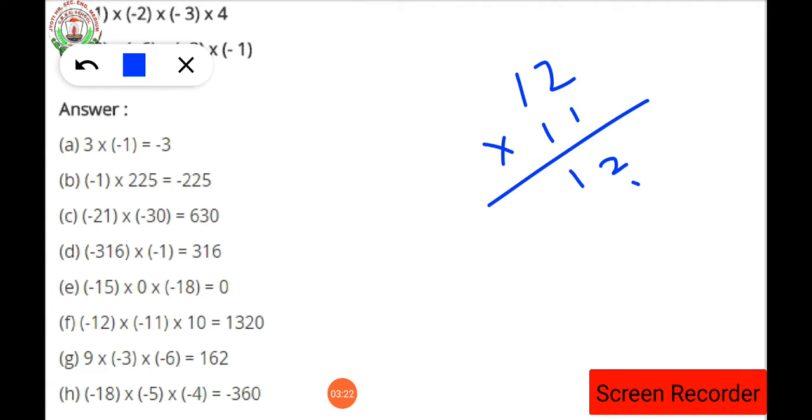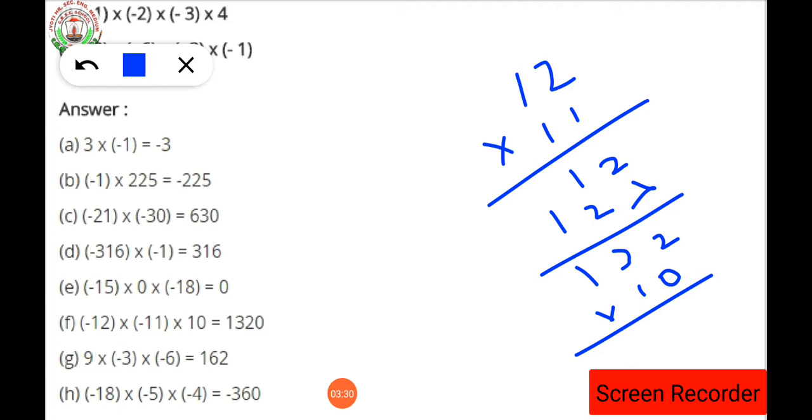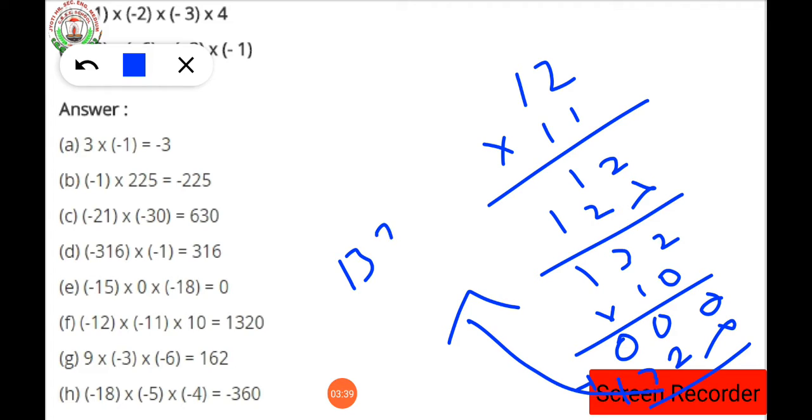Here 2, here 1, again 2 and 1. So here 1, 3, 2 is coming, isn't it? Then again multiply with 10. The answer will be 0, 0, 0 into 2, 3, 1. So while adding, the answer will become 1, 3, 2, 0.